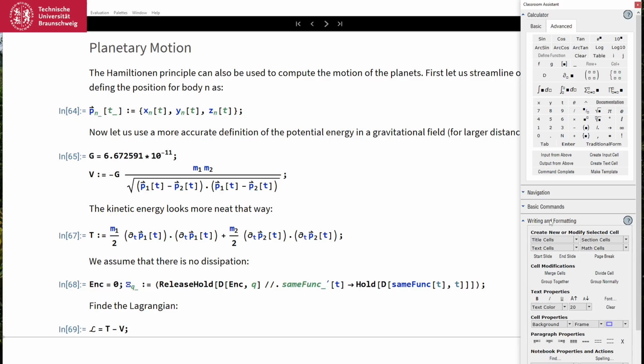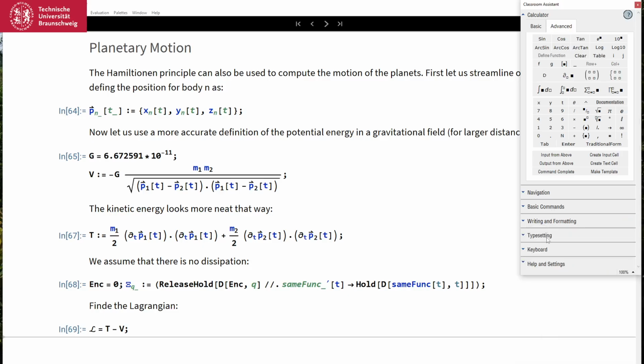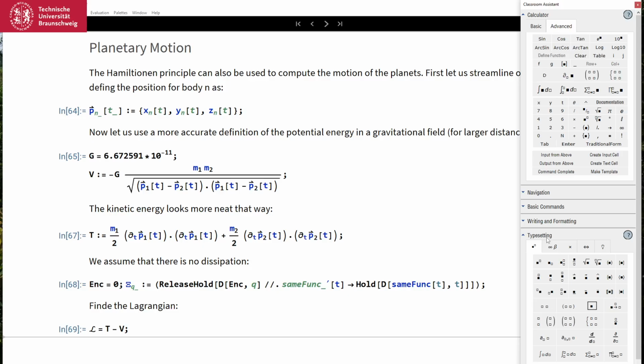Navigation is not what we are looking for. Keyboard, typesetting. Okay, here you can go, when you don't know how to write the index, you can also use these things.